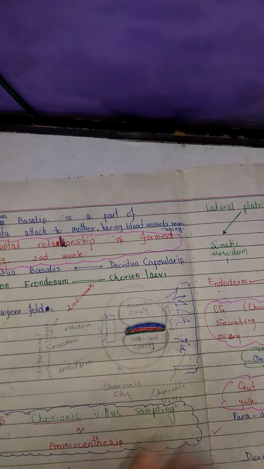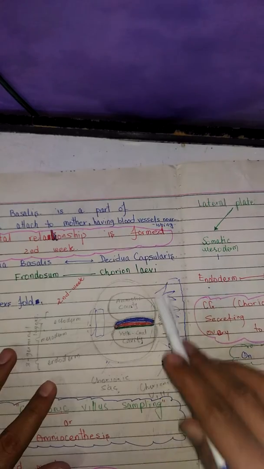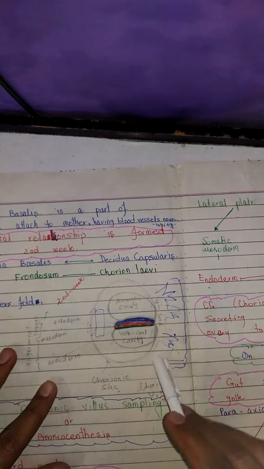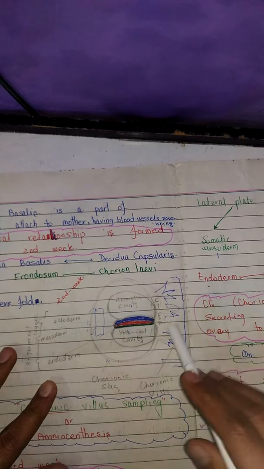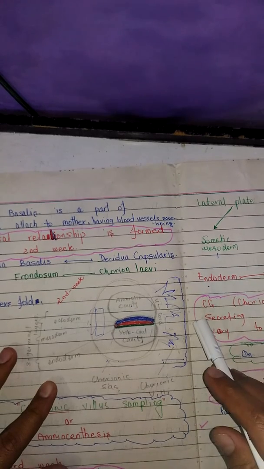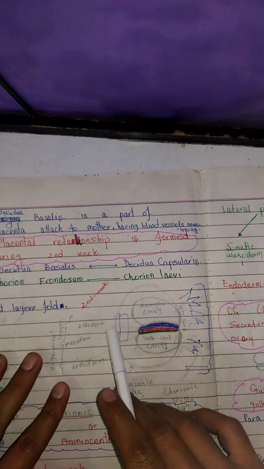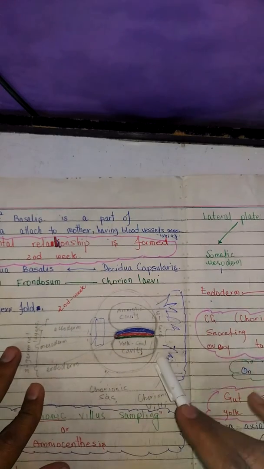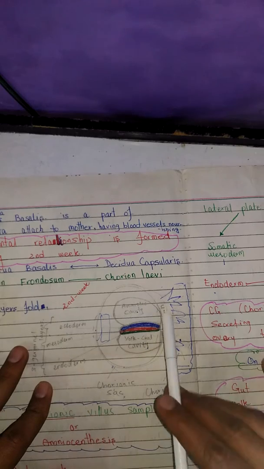There are a few terminologies I must mention here. This portion of the placenta is called decidua basalis, where the chorionic villi meet with the blood vessels of the mother. The opposite side is called decidua capsularis. And the point where these villi are coming out is called chorion frondosum.